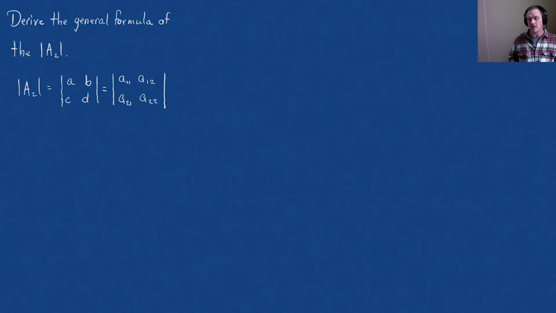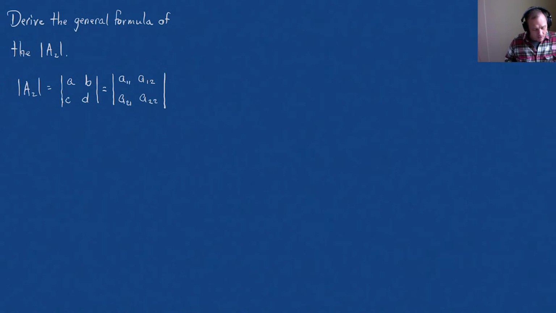Okay, that would be the more correct way to be writing this. So now we're going to use the A, B, C, D form, and then we're going to end by going back.